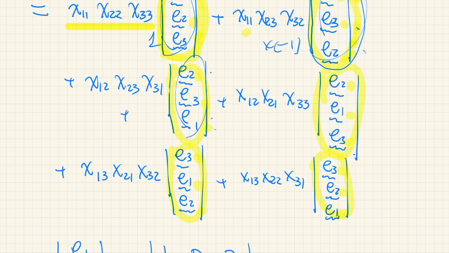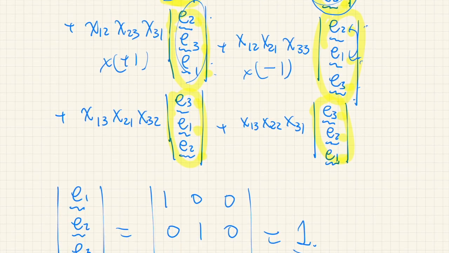Similarly, for this one, we can obtain 1, 2, 3 by swapping these two only once, so that will be negative 1. And this one, this can be arranged into 1, 2, 3 by two steps, so that will be positive 1.